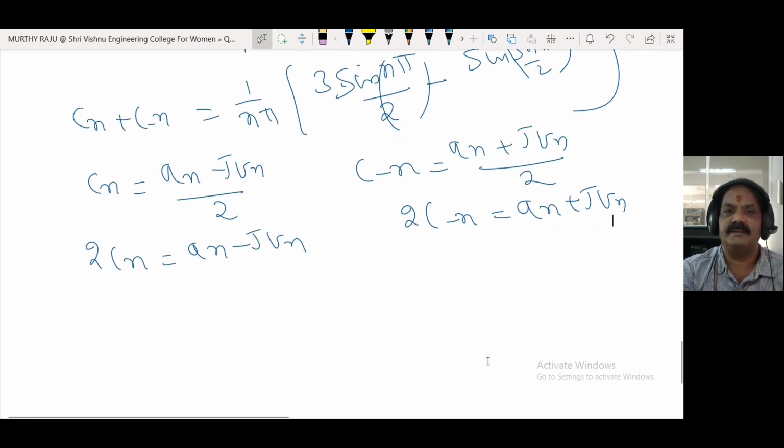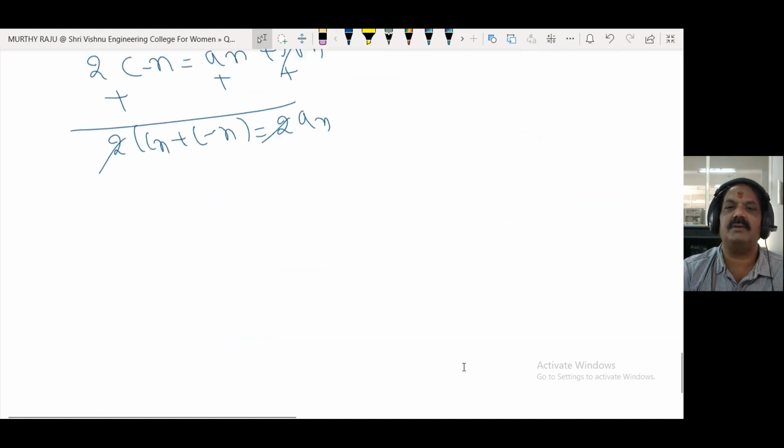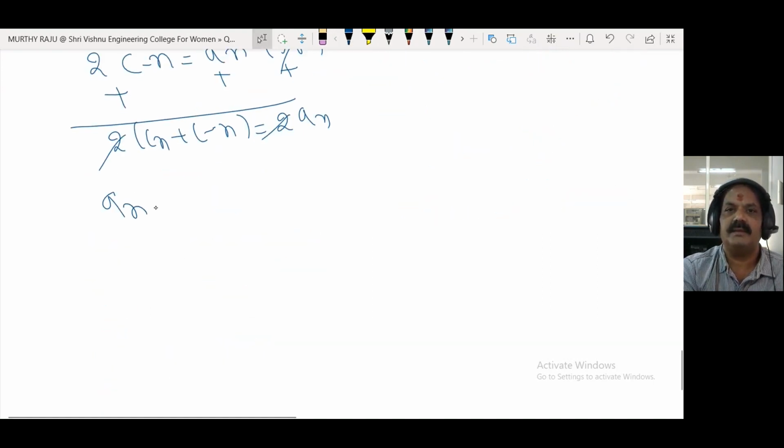These two are added. Therefore, 2 into Cn plus C minus n is equal to An. So An is equal to Cn plus C minus n.